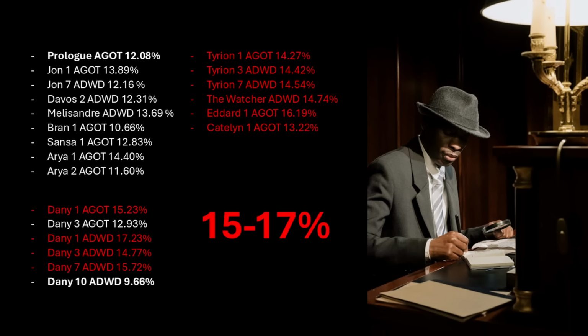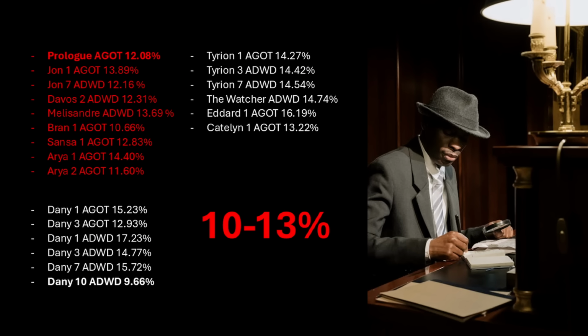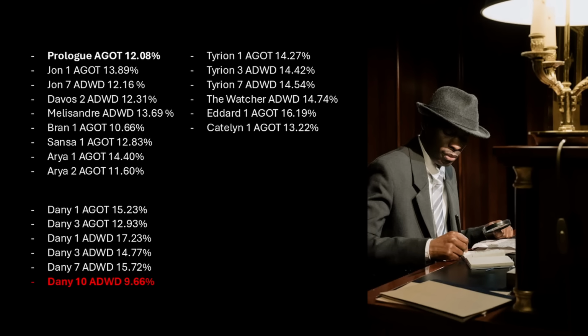And then with the lower band, you have 10 to 13% Latin, usually more around 12%. This is Bran, Jon, and Arya, and Davos. These characters are grounded in the physical world, and the world of survival and nature and the Wall and tangible action.